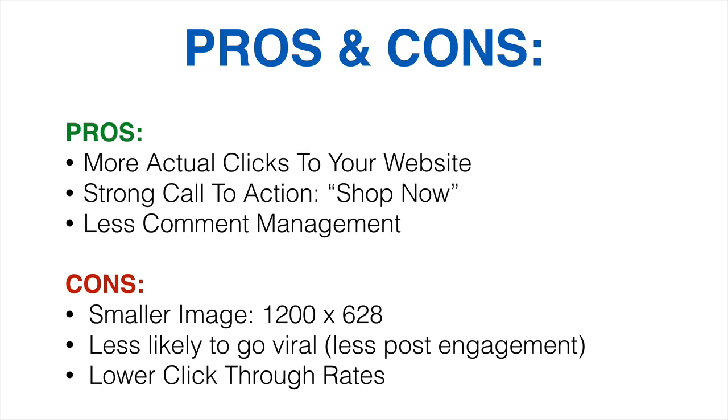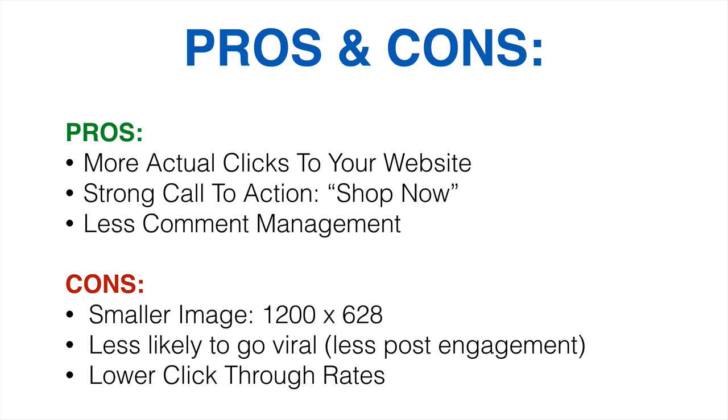Now, there are some cons to link ads. Everything has pros and cons. Smaller images. They are 1200 by 628 pixels. Think about that. 1200 by 628. That's exactly half the image size of a page post ad, which is 1200 by 1200.